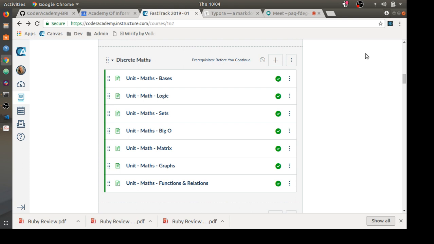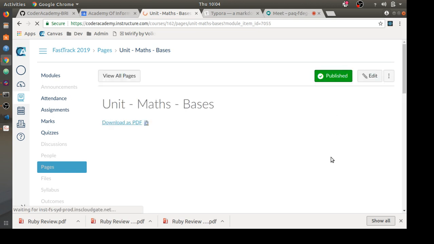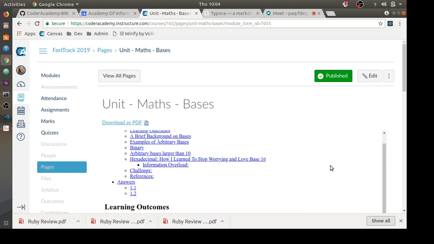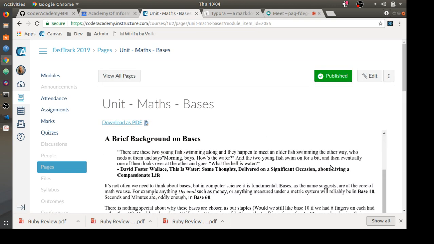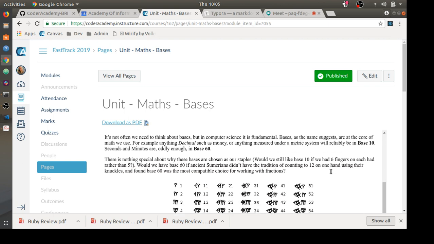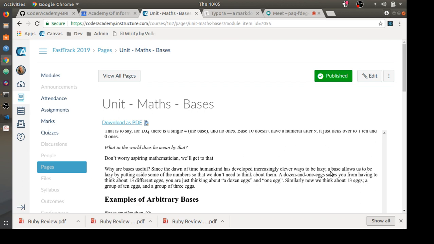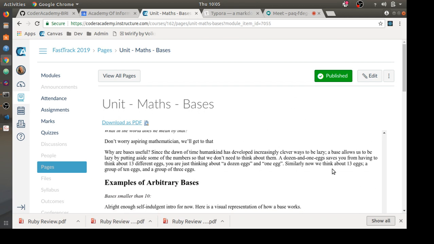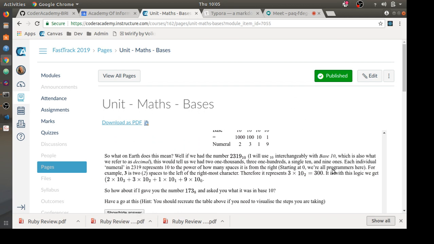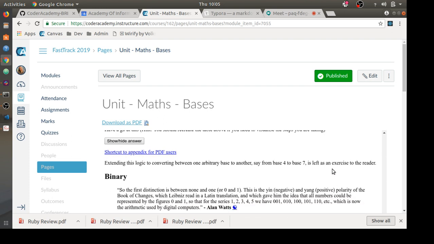So the content again in Canvas for each of these is really good. Let's just quickly look at the content that's in here for today, and we'll go back to it later. We've got a nice background about bases in here. It's really like a textbook, this content. It's so good. An example of arbitrary bases and everything.